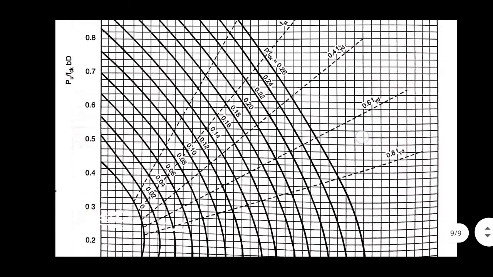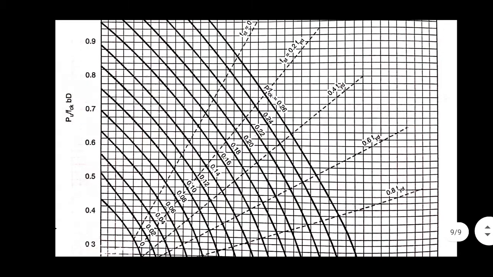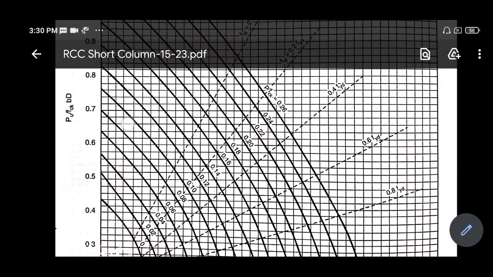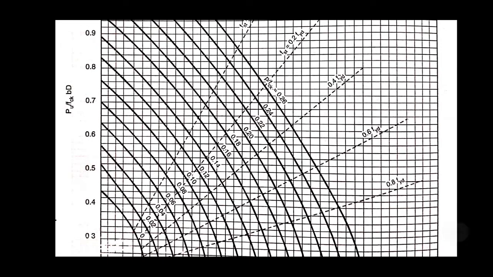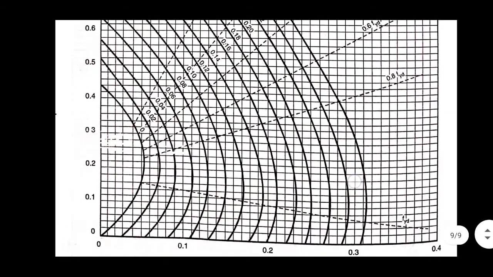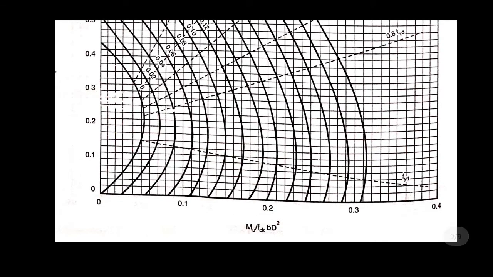Look, in y axis this is pu by fck bd. This is a curved line of p by fck, and in x axis there is mu by fck bd square. From this chart we have to find out mu by fck bd square.